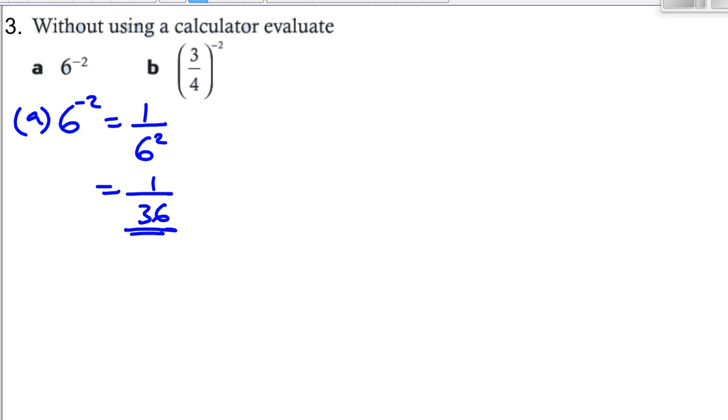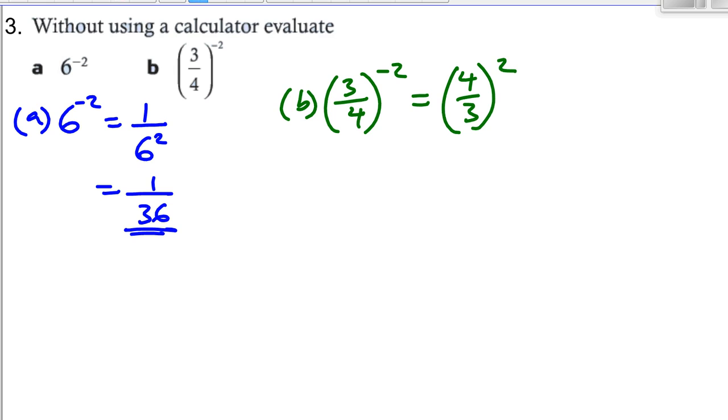But B, (3 over 4) to power negative 2 is same as, to get rid of the negative, just flip this fraction, (4 over 3) to power 2. That means you have 4 over 3 multiplied by 4 over 3, because it's a square, means you multiply by itself, then you end up with 16 over 9.